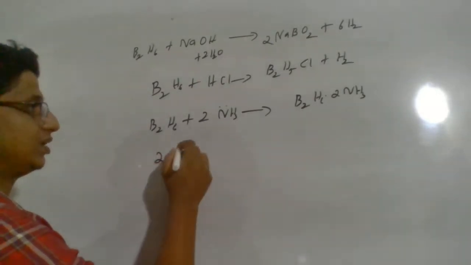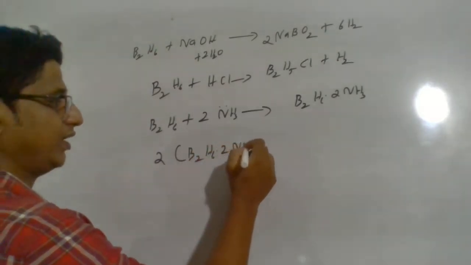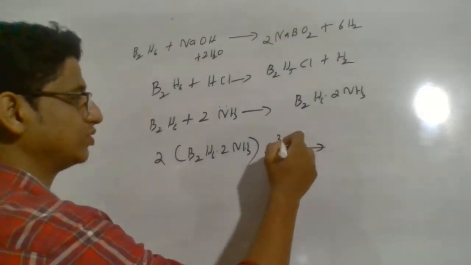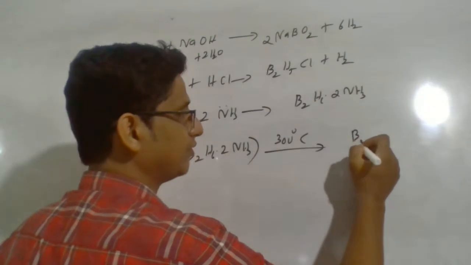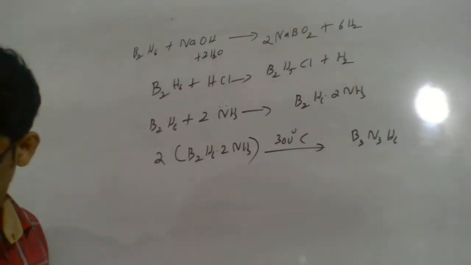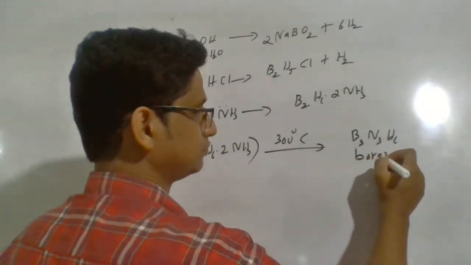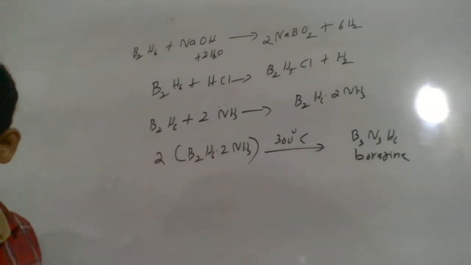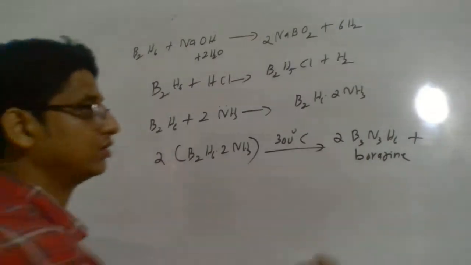But when this is heated at high temperature, above 300 degrees Celsius, you get an interesting compound that we will call B3N3H6, that is borazine.